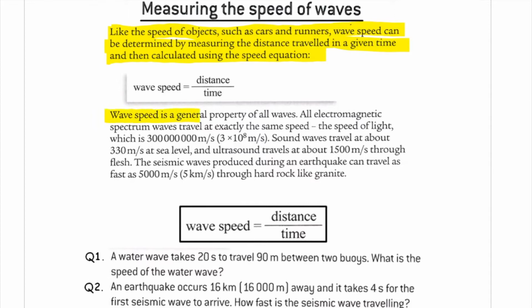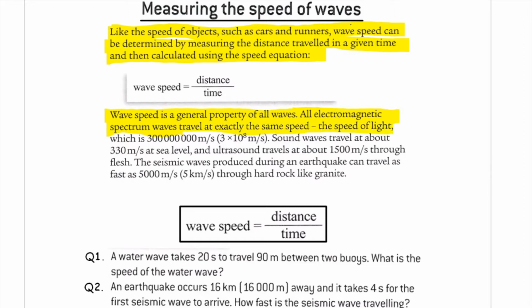Wave speed is a general property of all waves, all electromagnetic spectrum waves. Don't worry about that, we'll be learning what electromagnetic waves are later on in this topic. They all travel at exactly the same speed, the speed of light.